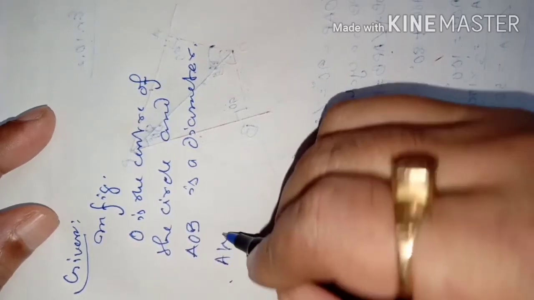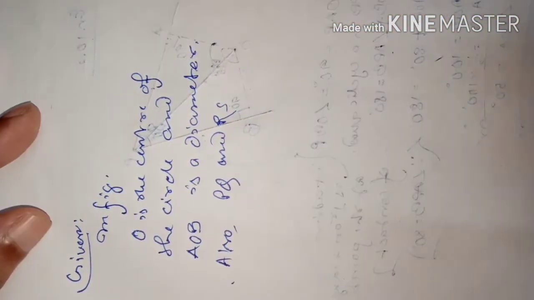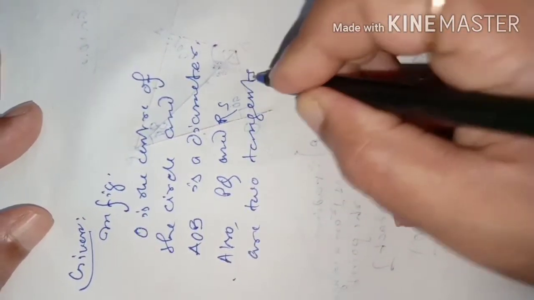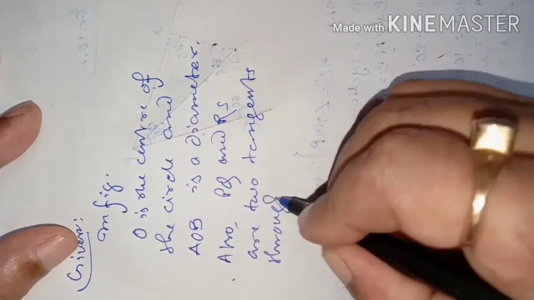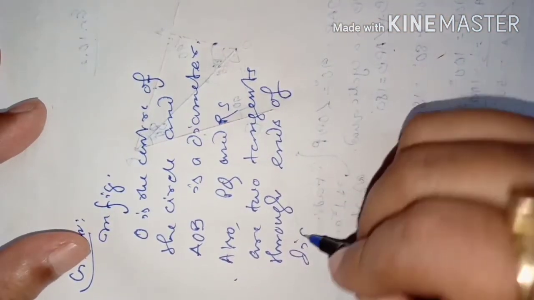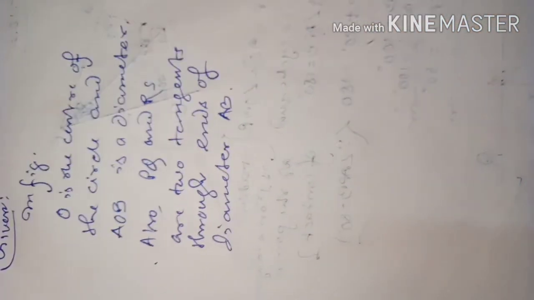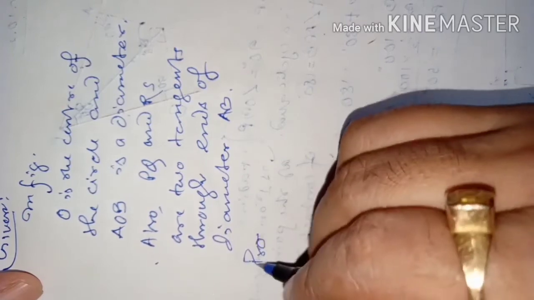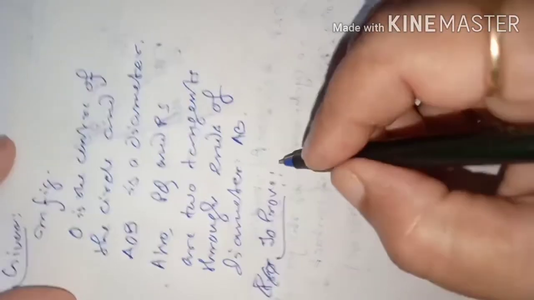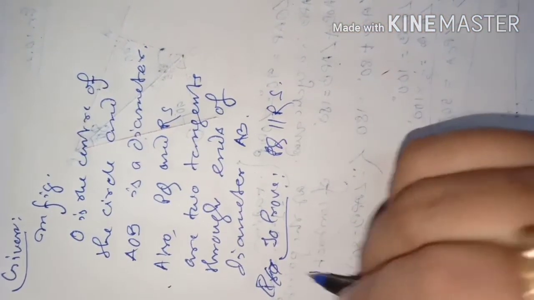Also PQ and RS are two tangents through the ends of diameter AB. To prove: PQ parallel to RS.